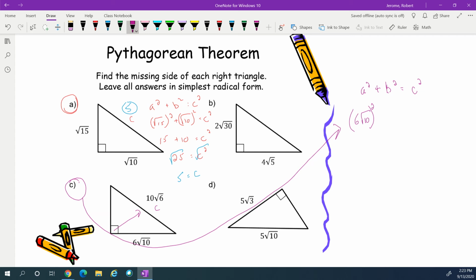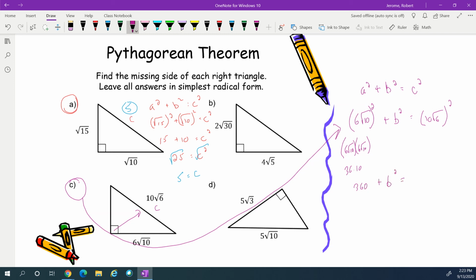We're squaring the entire thing, plus B squared. And that equals 10 square root 6 squared. So remember, this is 6 root 10 times 6 root 10, which is 36 times 10, or 360.